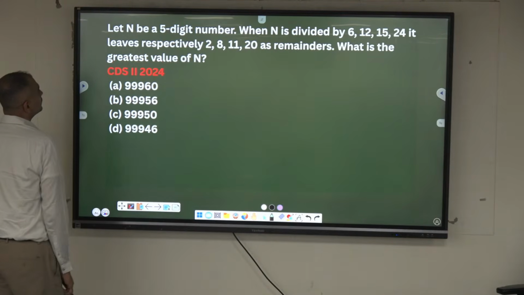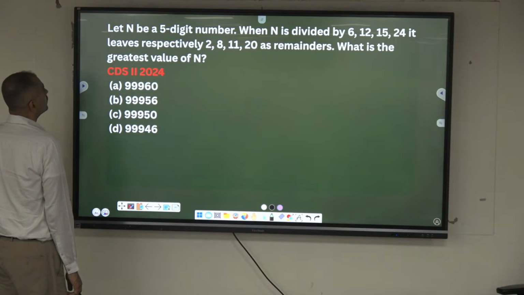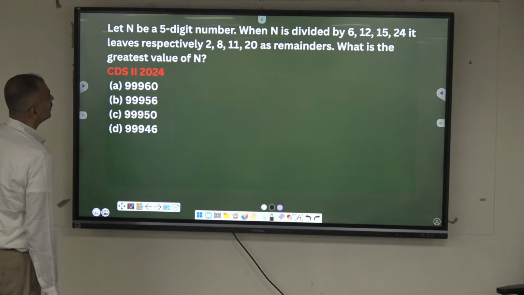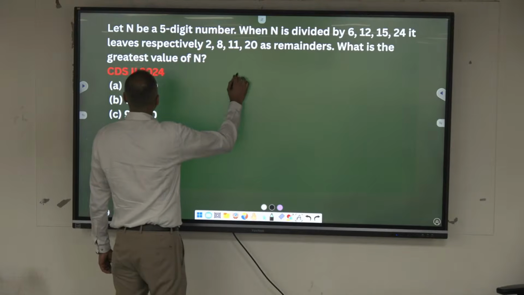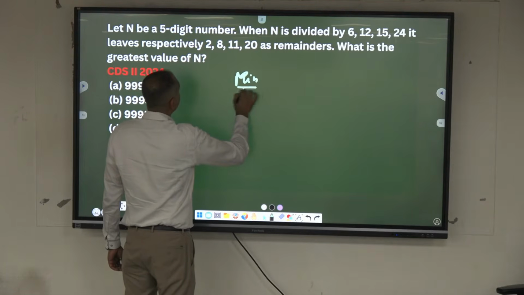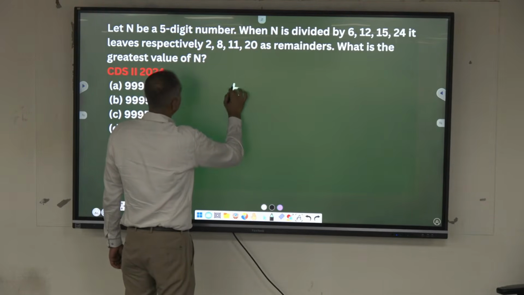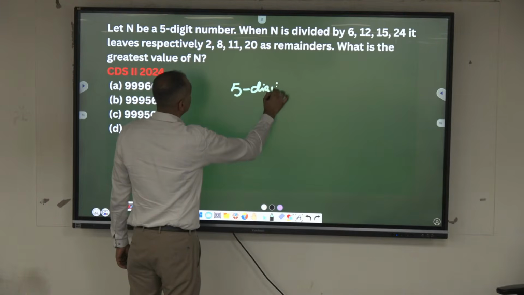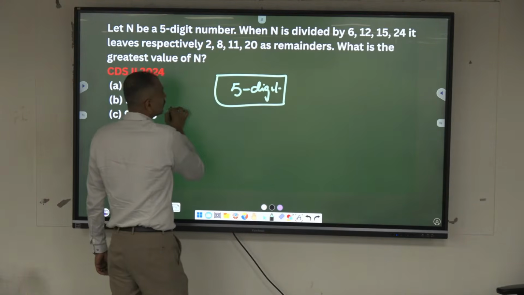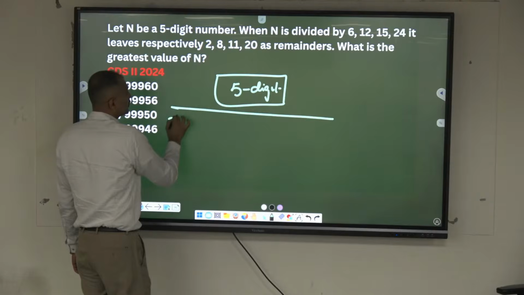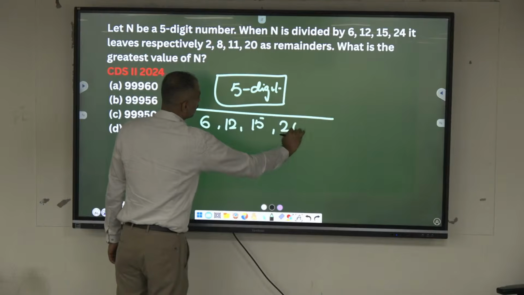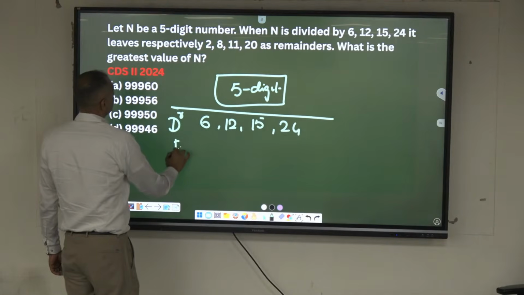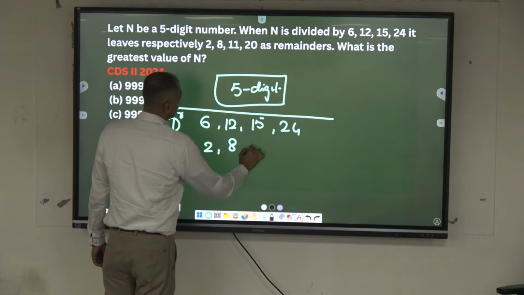Okay, a 5-digit number when n is divided by these leaves the respective remainders.